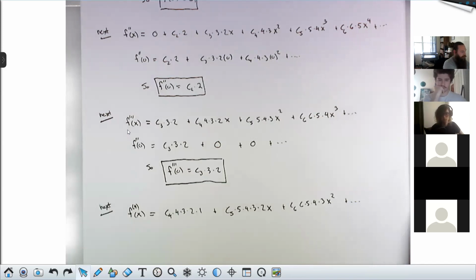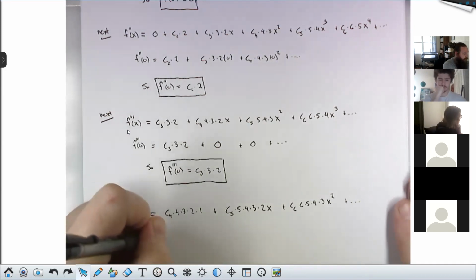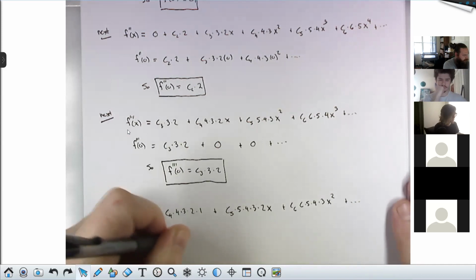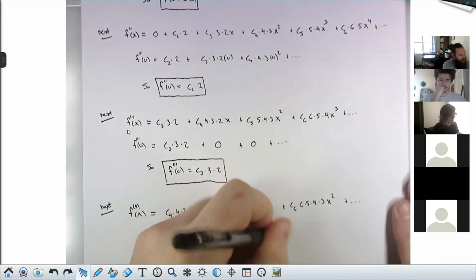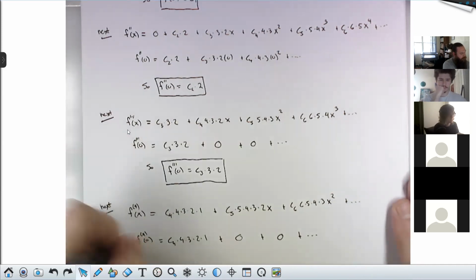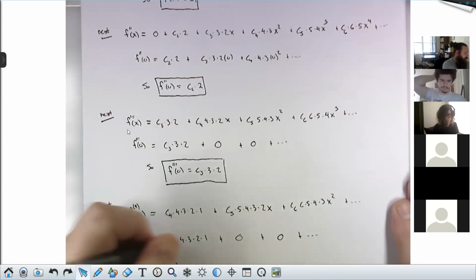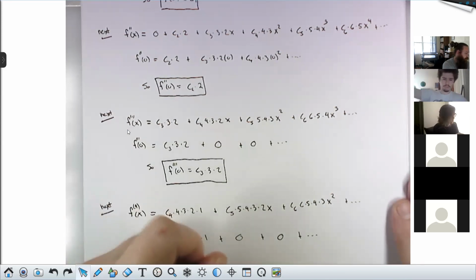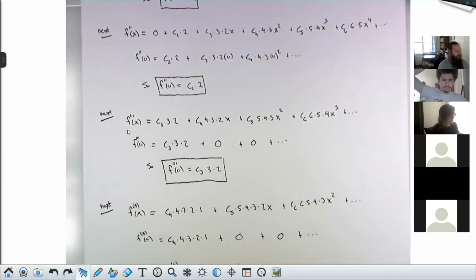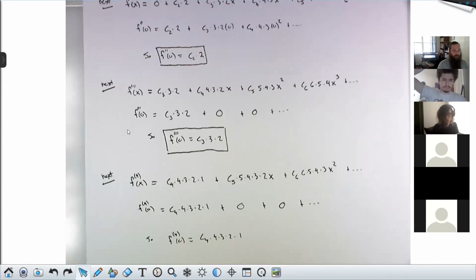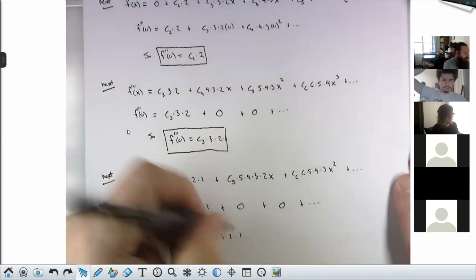Plugging in x equals 0, you see that f4 of 0 is C4 times 4 times 3 times 2 times 1 plus 0 plus 0 plus and so on. So the fourth derivative of f evaluated at 0 really is c4 times 4 times 3 times 2 times 1. I left off the ones on these, but you can have a 1 here and a 1 here.